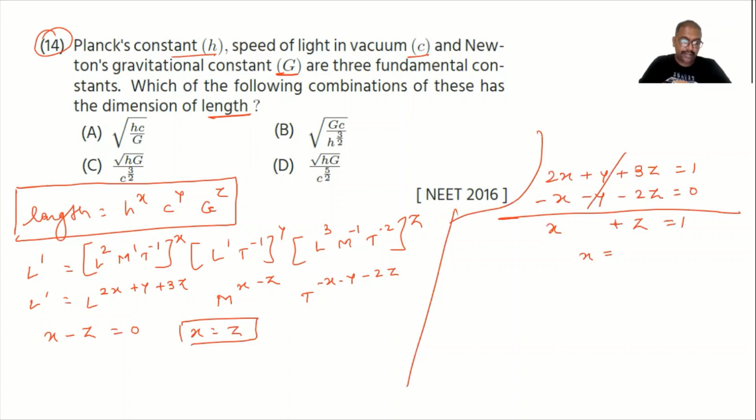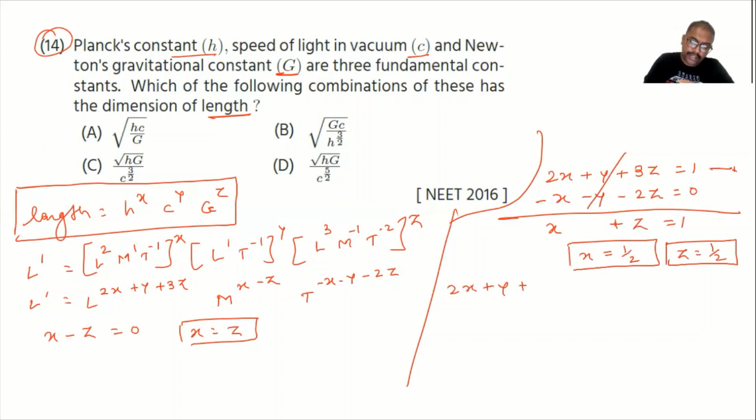If you see these options, most of the terms are in square roots. So maybe X is 1 by 2. Then Z is also 1 by 2. Then only X plus Z is 1: 1 by 2 plus 1 by 2 is 1. So if X is 1 by 2 and Z is 1 by 2, then we can write Y using the equation 2X plus Y plus 3Z is 1.